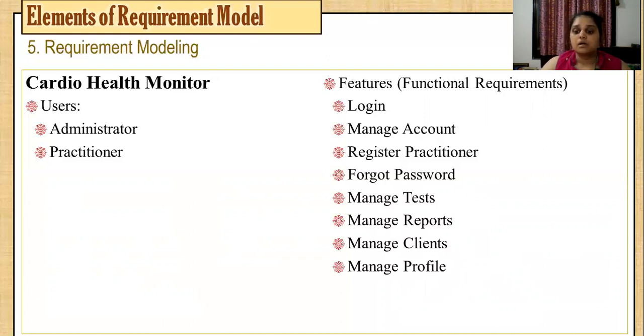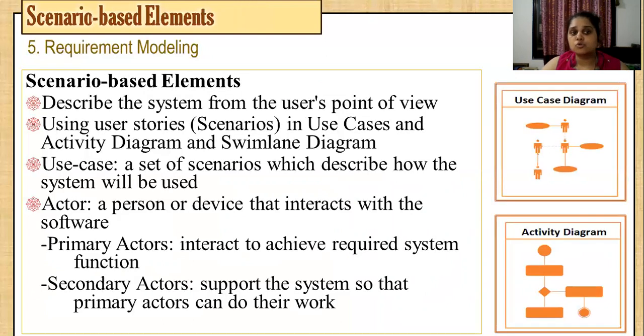Next we'll move on to what are use cases or scenario based elements. Scenario based elements describe the system from a user's viewpoint, so how your user is going to see the system. This is done in the form of user stories or scenarios.